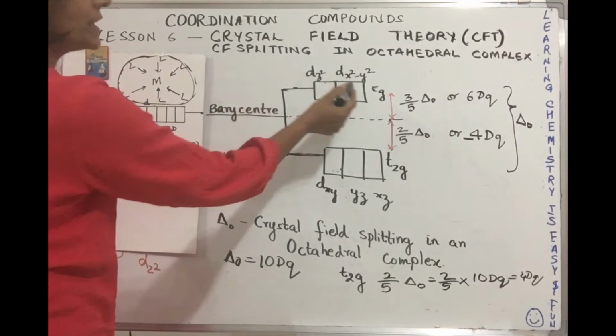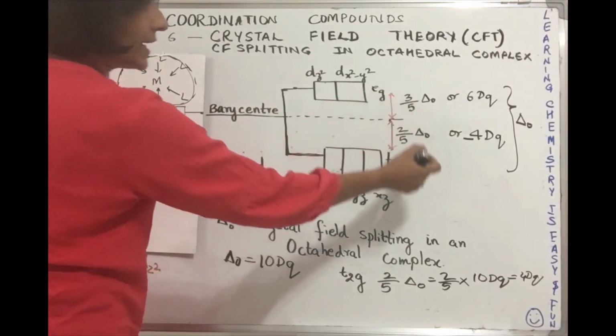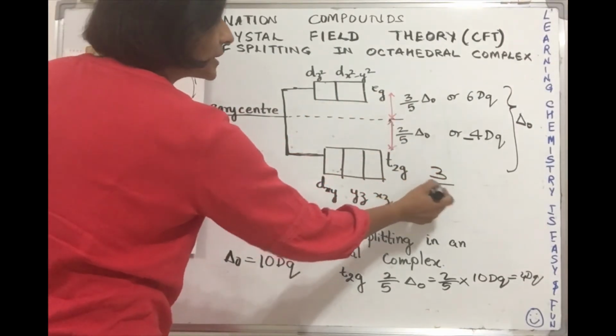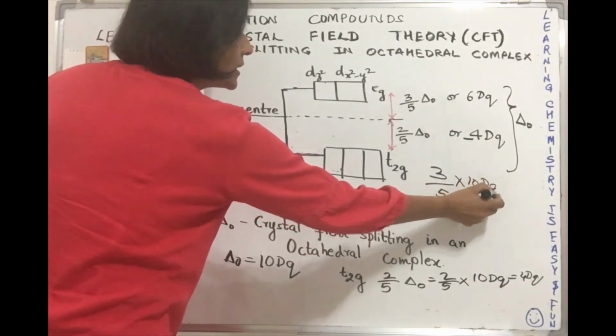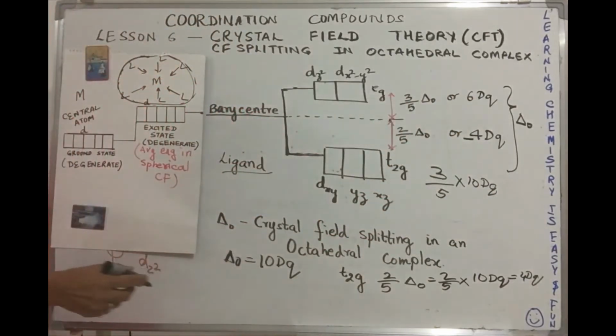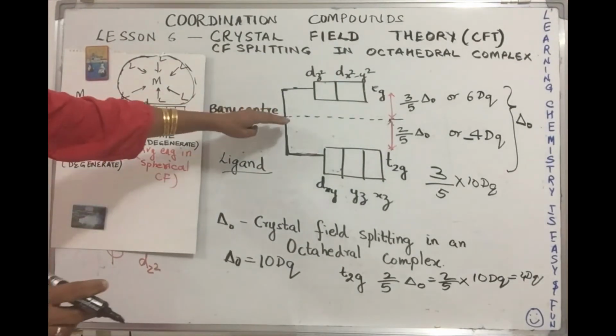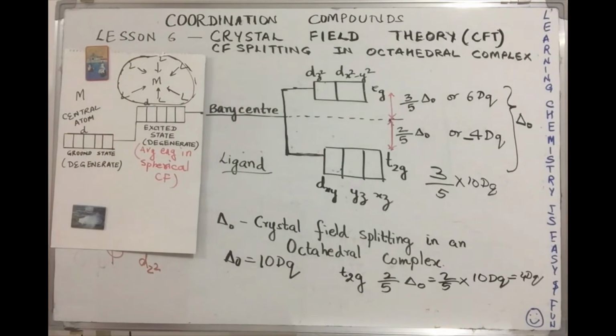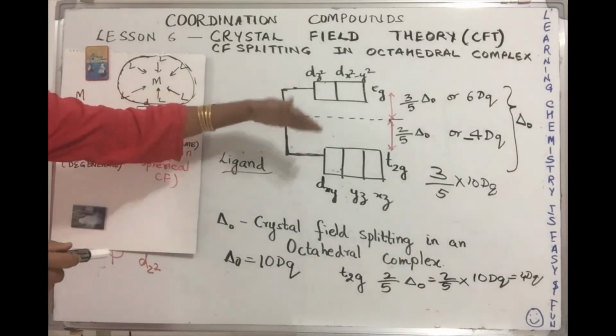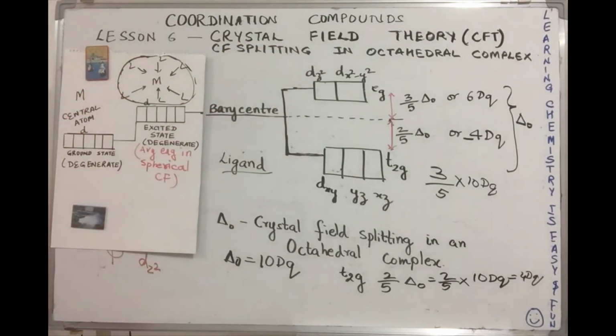And for the eg orbitals, again we can show it as 3/5 into 10 Dq, which is equal to 6 Dq. Here the energy goes higher than the barycenter and we denote it by a positive sign.